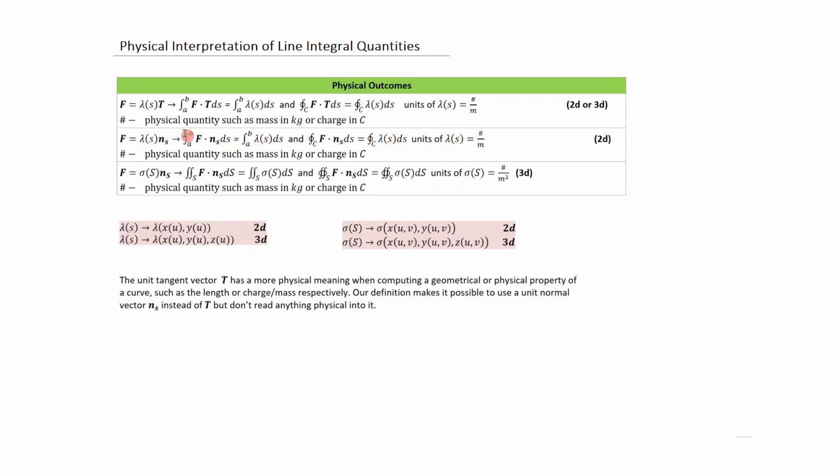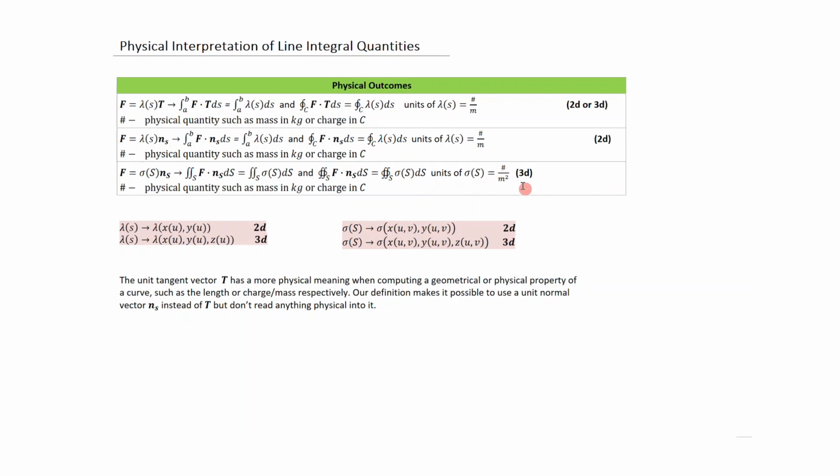Now, from a physical perspective, relating a normal to this problem at hand has no specific meaning. This is purely a mathematical exercise. It just shows us that if we take a vector of this form, then we end up with something that describes the physical properties of a curved line.